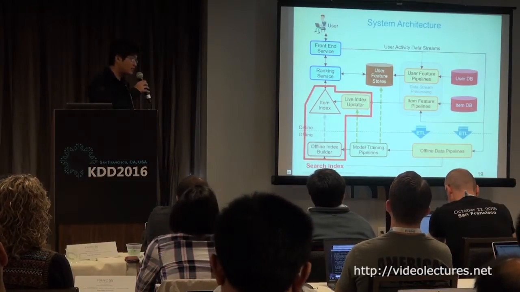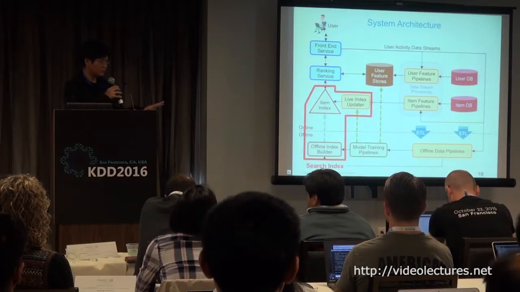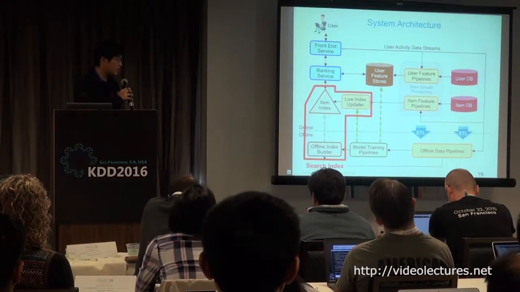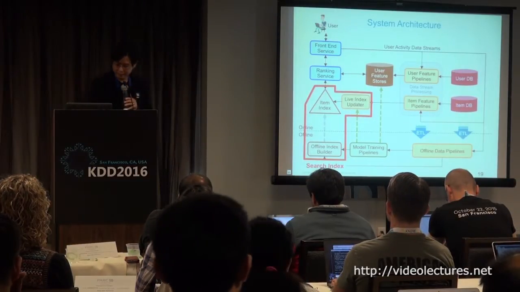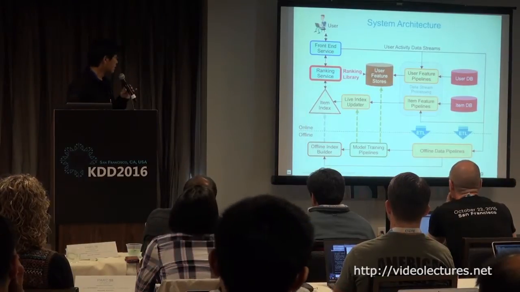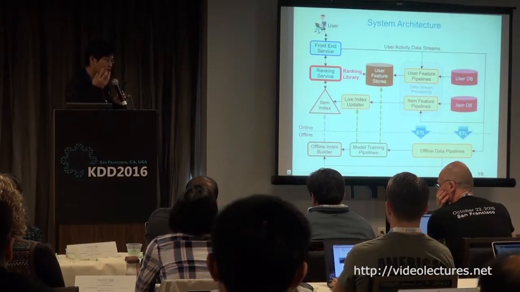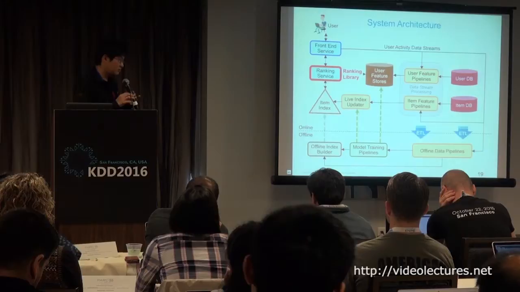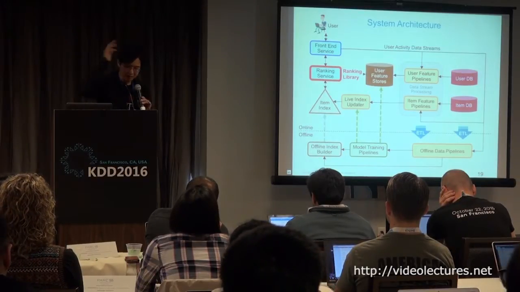And to serve items, to efficiently retrieve items, we also need a search index, which indexes all the items, and then we can retrieve the required items very efficiently. And then after we have user features, item features, and also model parameters, we use a ranking library to generate a score and rank them.